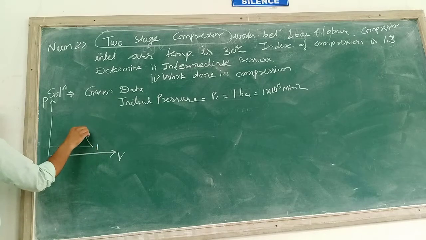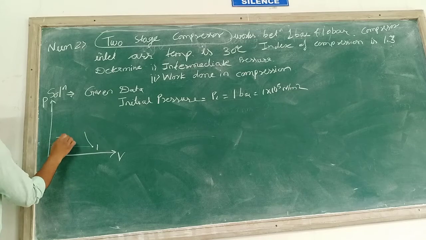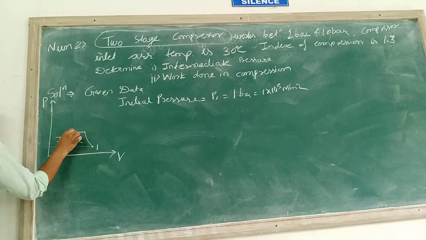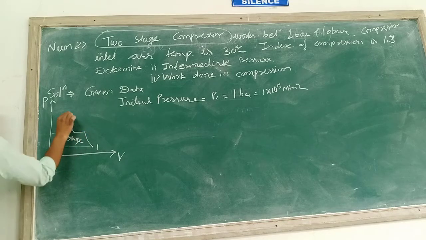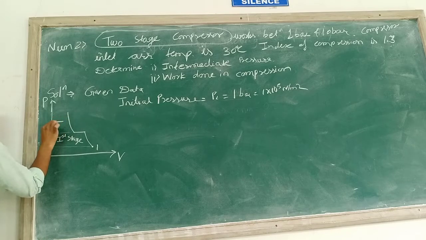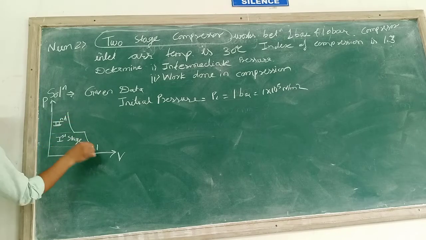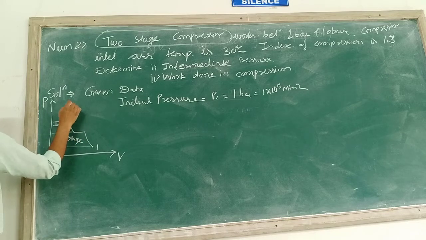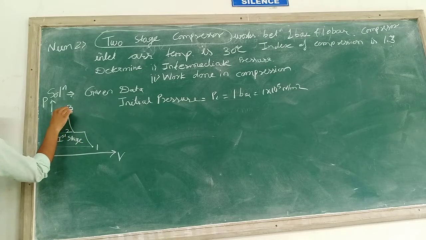Then compression takes place. This is the first stage. After this first stage, intercooling is provided, and after this the second stage compression takes place. So this is point 1, this is point 2, and this is the final pressure point 3 here.